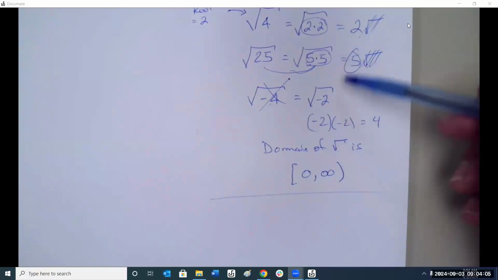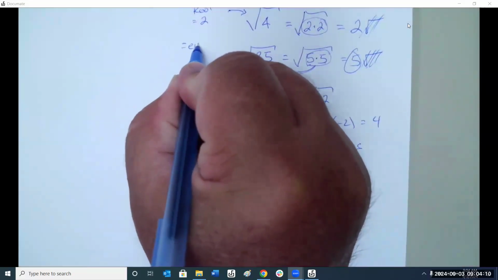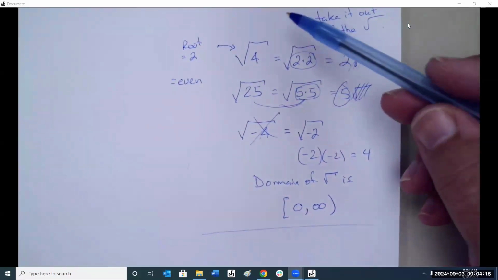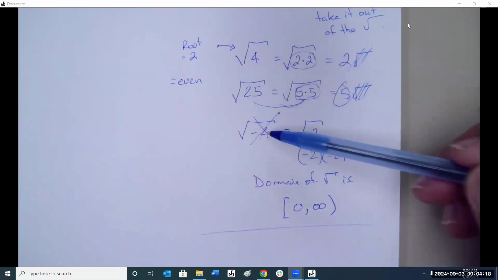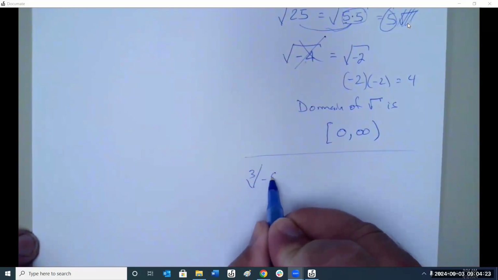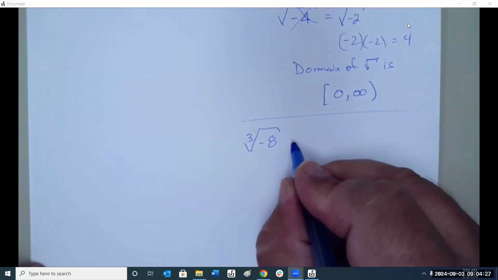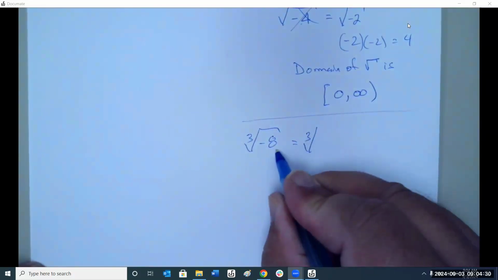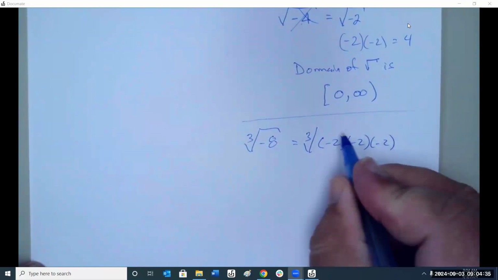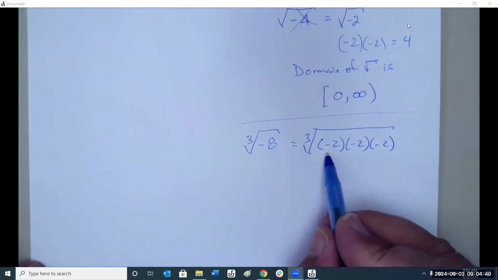So this is true as long as our root is even. If you have an even root, you cannot have a negative inside there. But if the root is odd, -8 is made up of -2, -2, -2. They're all the same.